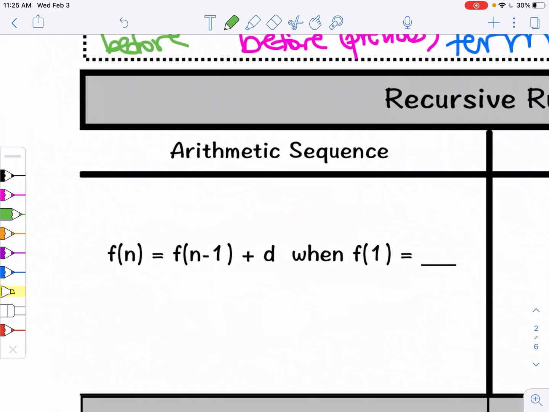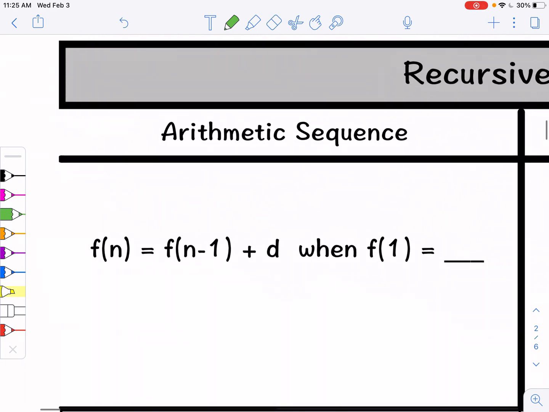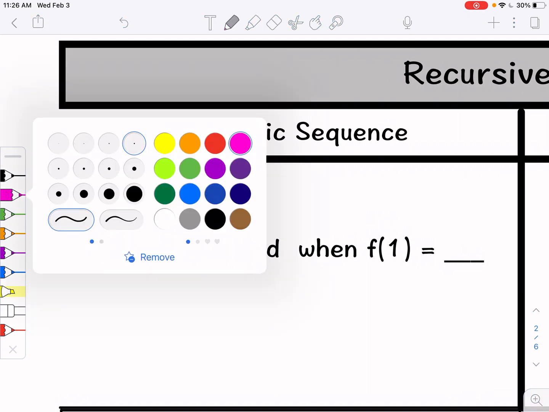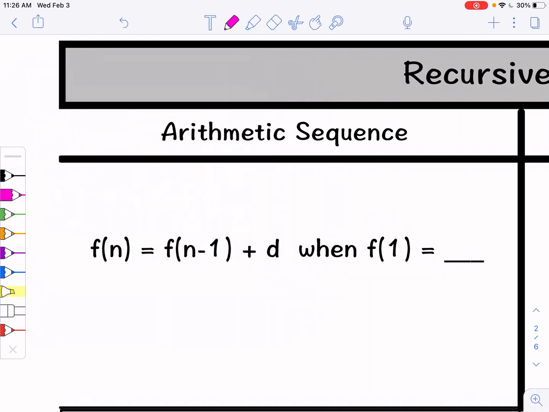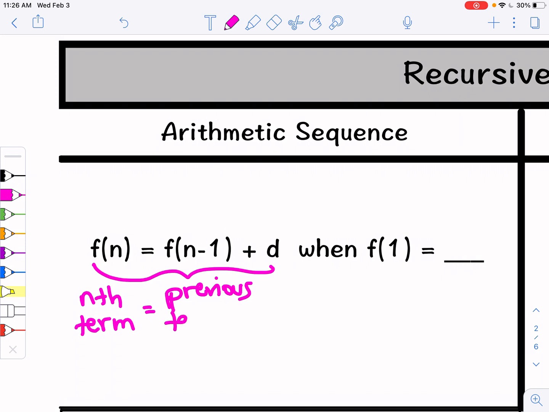So when we write a recursive rule, the word recursive means we need to know the one before. So this is our formula, and I'm going to go ahead and write what this means. So this part right here, f of n, is the nth term, equals f of n minus 1, the previous term, plus d. d is the common difference.